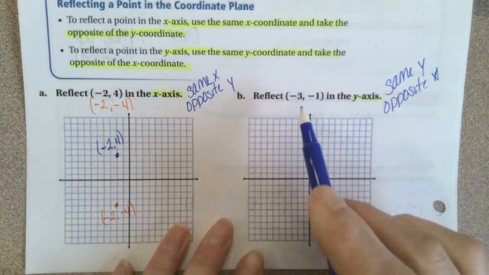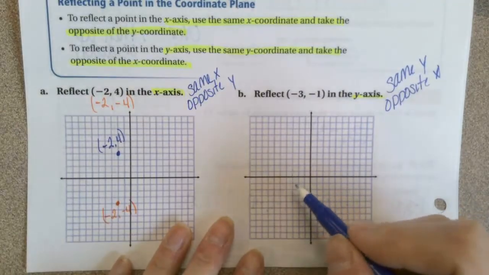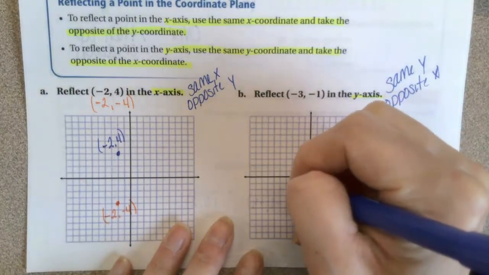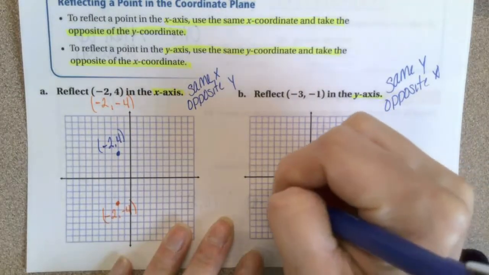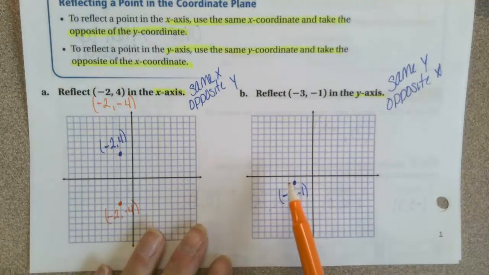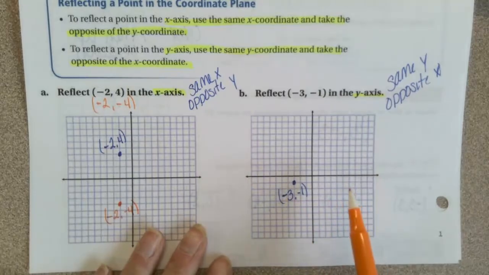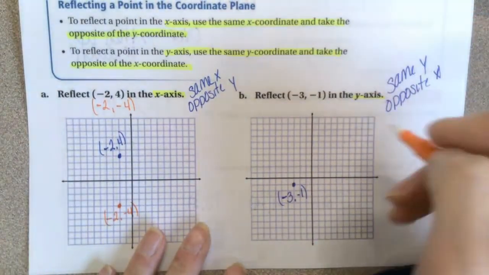Okay, so let's go ahead and graph this point. This is (-3, -1). So I'm going to go -3, -1. Okay, then if you think about it, if we're reflecting in the y-axis, it's going to go over the y-axis this way. But we could also go up here and think, okay, I want the opposite x.